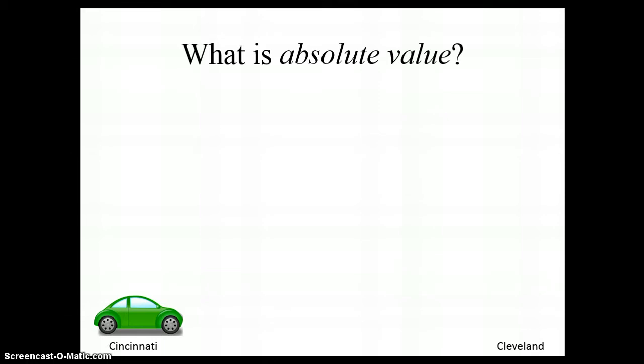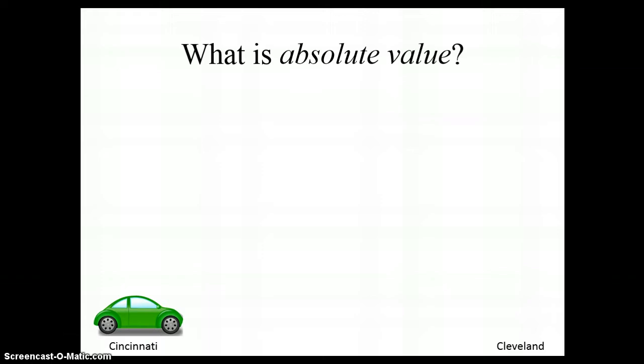Let's illustrate it. If I bought a brand new car right off the lot with 0 miles on it and drove it to Cleveland. Now, Cleveland is about 250 miles away. So if I drove this car to Cleveland, my odometer would say 250 miles when I got there, because I'm going in the northern direction, and north is often considered positive versus south, which is negative.